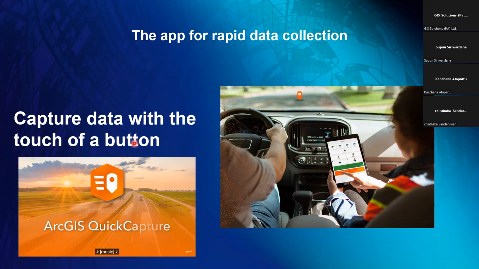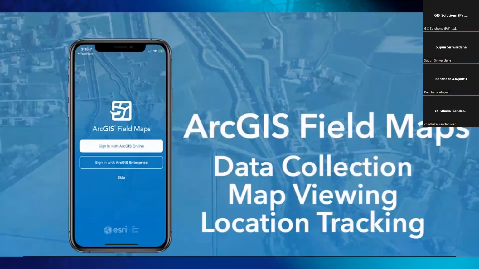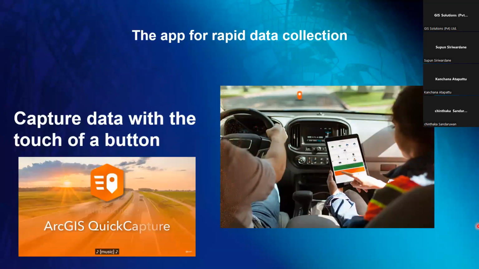When you click on a particular icon or button, it will capture location, photograph and so on at once. So it can be used for simple data collection workflows. We have now discussed two applications: one is Field Maps, the other one is Quick Capture.